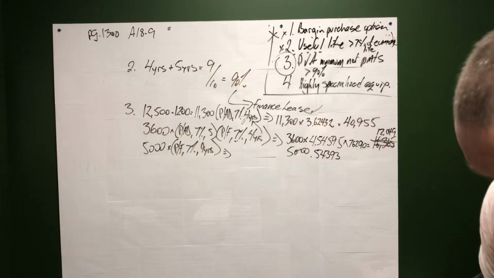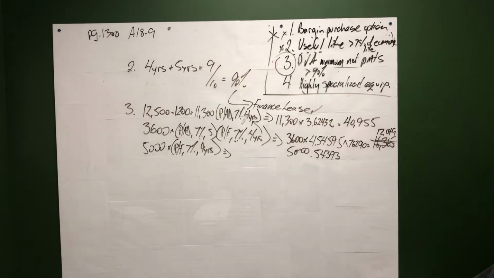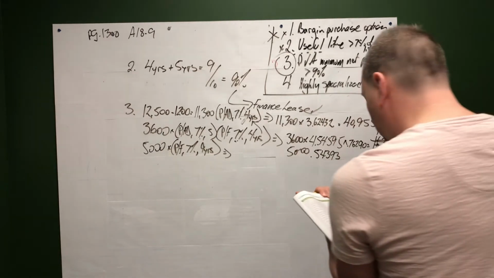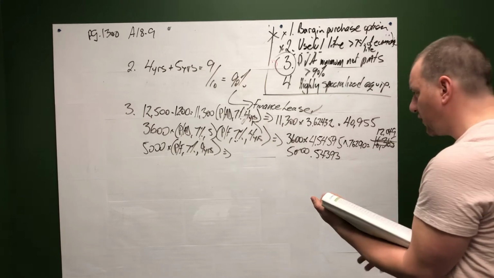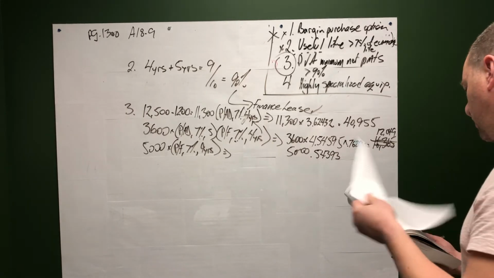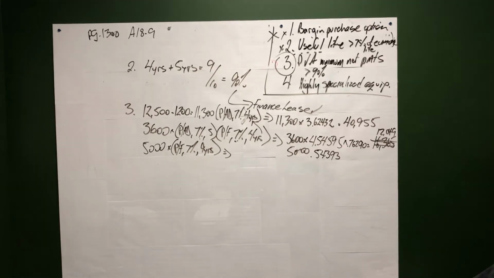I'm just going to go double check. 7% at 4 years, 0.76290. Okay, that's right. Now we'll go back to the other chart. This is going to be 7% at 5 years, 4.38721.